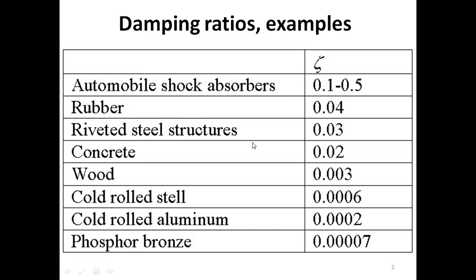Riveted steel structures. So again, the damping ratio for a system, 0.03. Similarly, concrete has a damping ratio of 0.02, wood 0.003, cold rolled steel 0.0006, cold rolled aluminium 0.0002, and phosphorus bronze 0.00007.